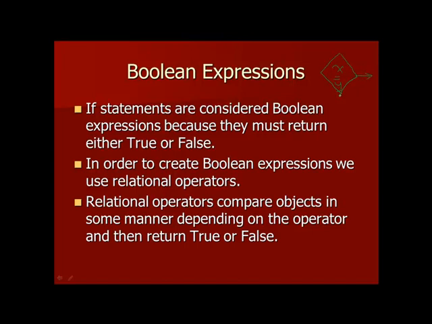You could either have yes or no, or true and false. That's the only way the computer knows how to make decisions. You can't decide between two things other than a true or a false result. So in order to create these Boolean expressions, we need to know how to use relational operators. Relational operators are just operators that allow you to compare values.